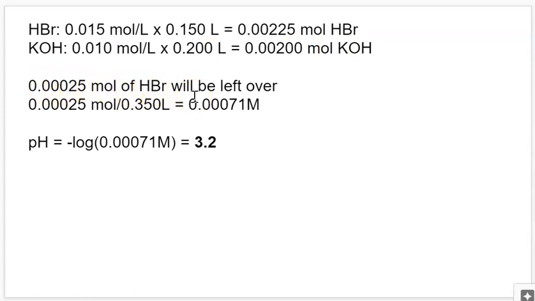And I know that the final volume of the solution is going to be 0.15 liters plus 0.2 liters, which is going to be 0.35 liters. I can get the leftover hydrogen ion concentration, which I can then put into my pH expression, and I end up with an overall pH of 3.2. So that makes sense that our final pH is below 7 because it's an acidic solution because the acid was in excess.